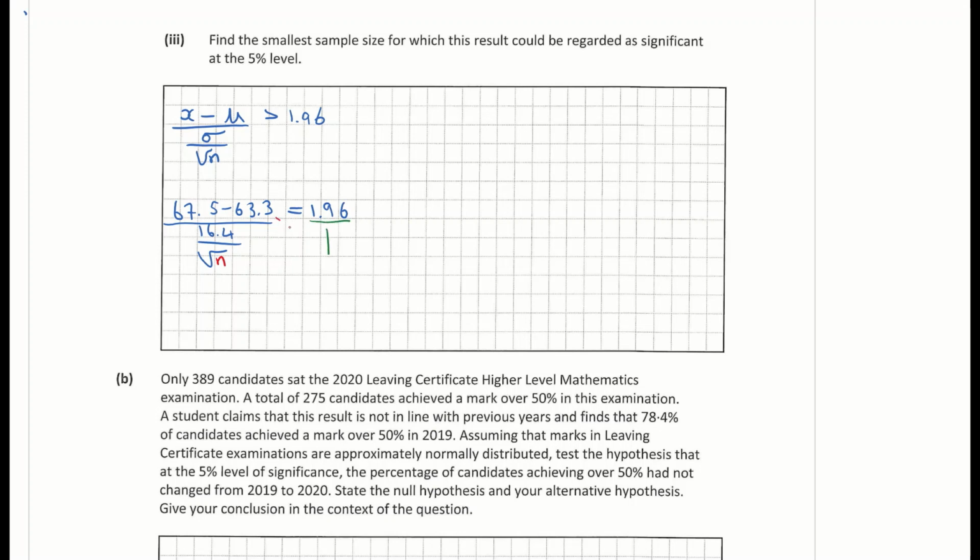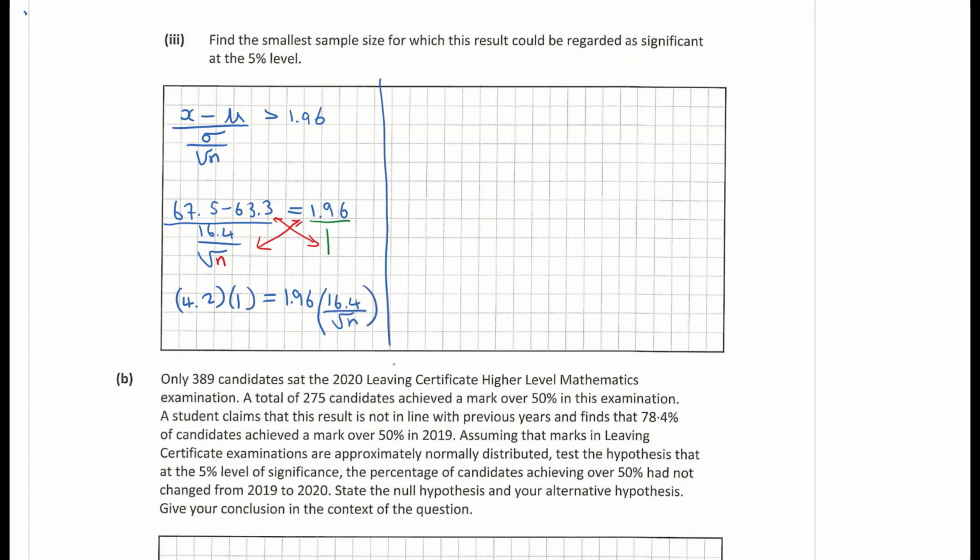I'm going to solve it then by cross multiplying here. Again, common denominators, but cross multiplying is a little bit quicker. So that's giving me 67.5, or actually I'll subtract these now. 67.5 subtract 63.3 is giving me 4.2 multiplied by 1 is equal to 1.96 multiplied by 16.4 over the square root of n.